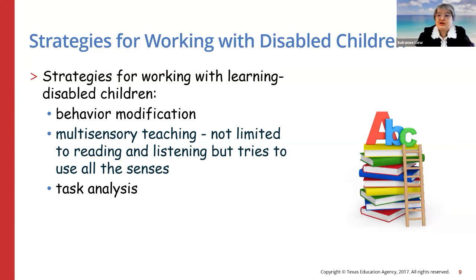Multi-sensory teaching. You teach using all the five senses: what they can see, what they can hear, what they can smell, what they can touch, and maybe taste. Especially when it comes to the alphabet, there are different ways of working with the alphabet using multi-sensory teaching. Number one, Montessori is very good at this.